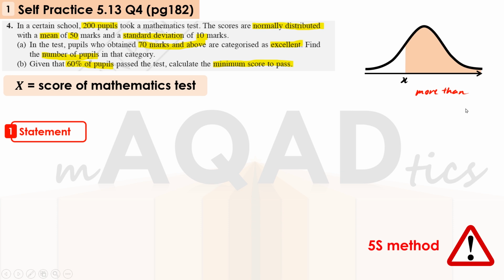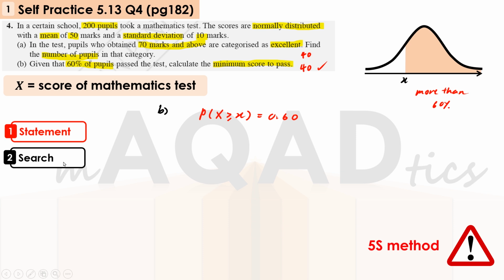So we need to add more than and 60% inside our statement. So we can say that the probability that our score must be more than or equal to x, is 60%, or 0.60. Why I put the equal sign here is because, let's say your passing score is 40 and you get 40, you should be considered as pass. Which is why I put the equal sign here.